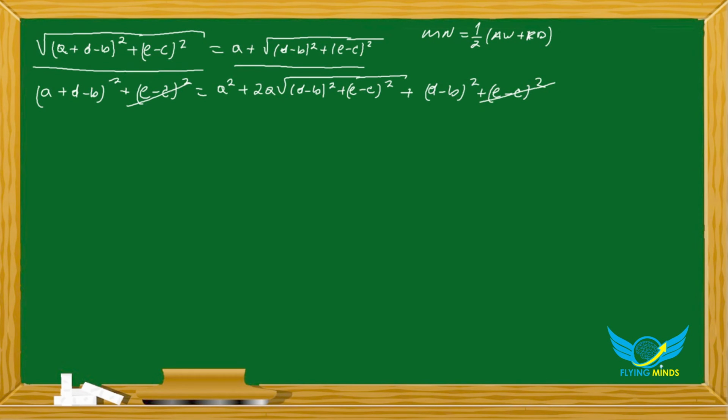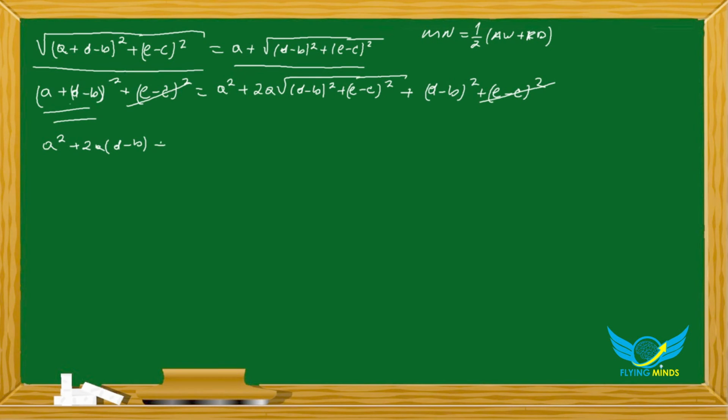So next step, what can we do here? I think we expand a plus d minus b squared, but let's group those terms together. It will be good to group d minus b, because on the right hand side we have that last term, d minus b squared, so at the end we can get rid of this term as well.